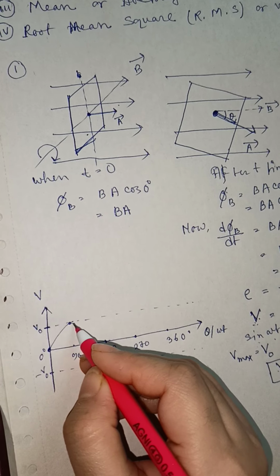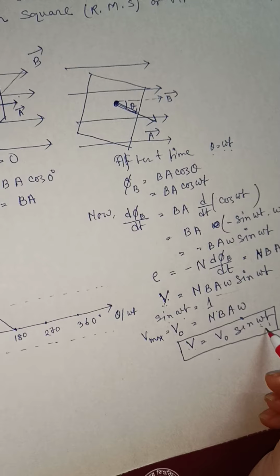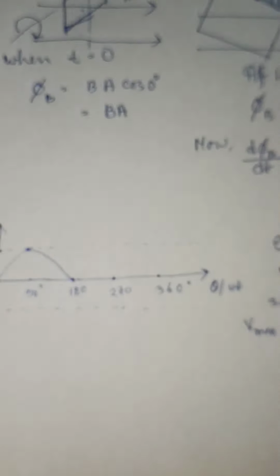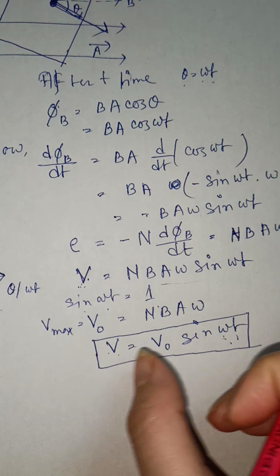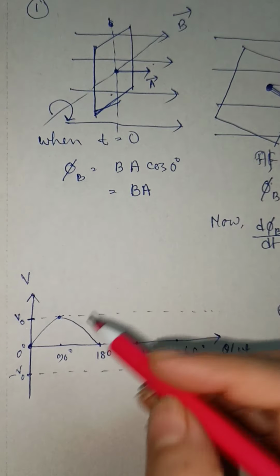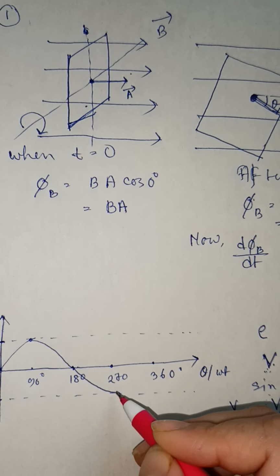When theta equals 270 degree, it will be minus 1 because sine 270 degree equals minus 1, then V will be minus V naught. So this one is minus V naught.